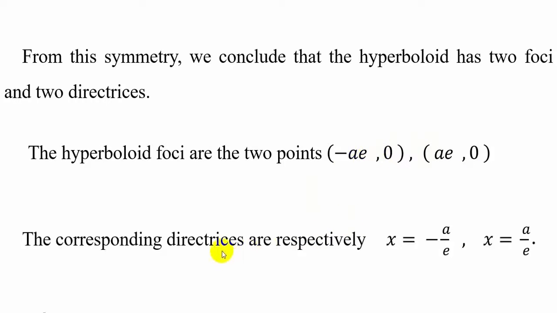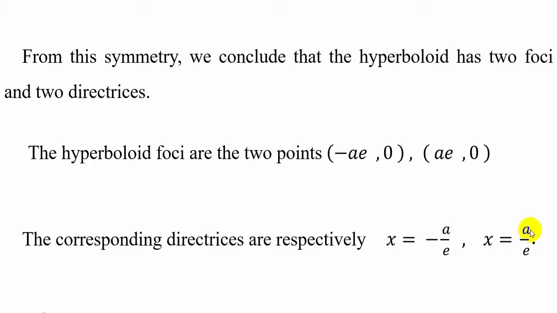Our directrices respectively are x equals negative a over e and x equals positive a over e. So this will be the distance of the directrix from the vertex.